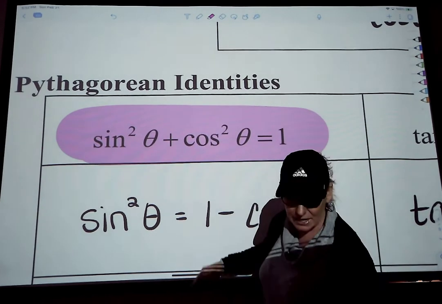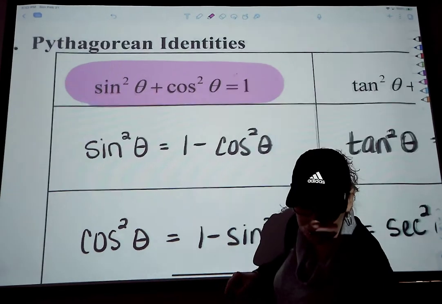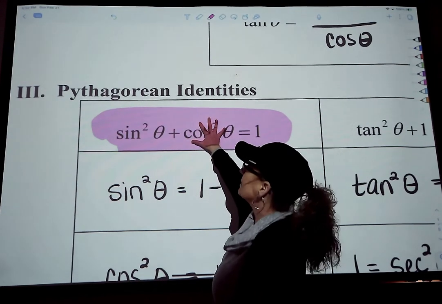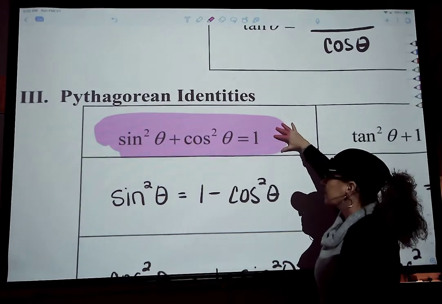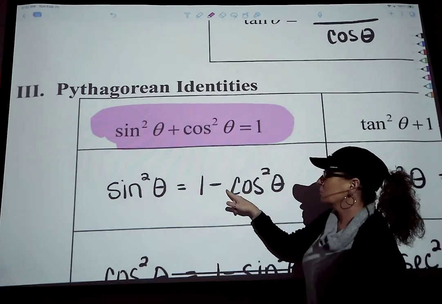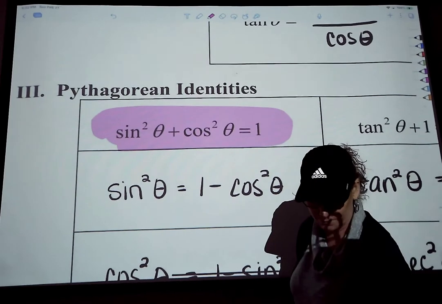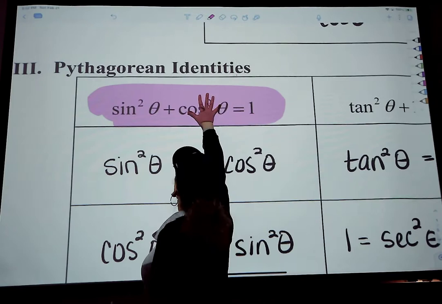Now, the next two just come from manipulating that equation. So let's say that I take this equation and I subtract cosine squared from each side, and I get sine squared equals 1 minus cosine squared. Or start over. Sine squared plus cosine squared equals 1.